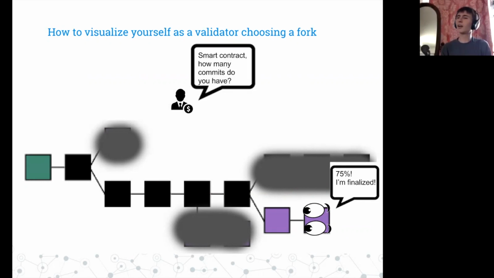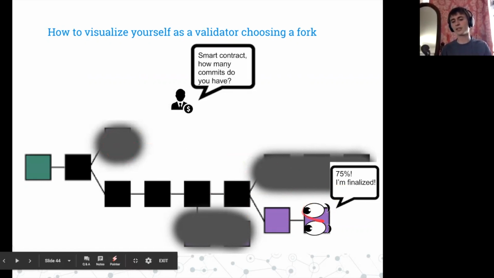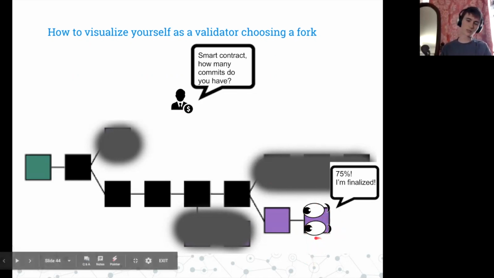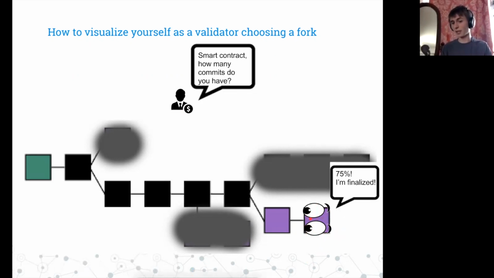If you wanted to commit or prepare on one of them, and your prepare or commit violates one of those 4 slashing conditions, then a validator who sees that you committed on this chain, but then you committed on this chain, which is illegal, would send it to the smart contract. Maybe not in this block, because you can't just report it in the history, but you can report it in the future, and the block over here will know that this validator is actually a bad guy, and slash him.